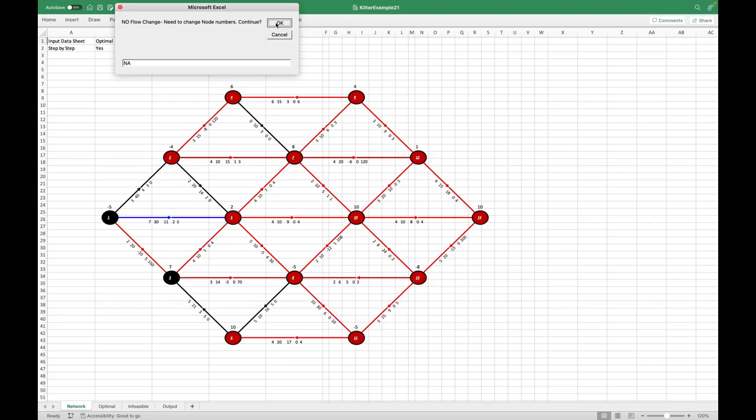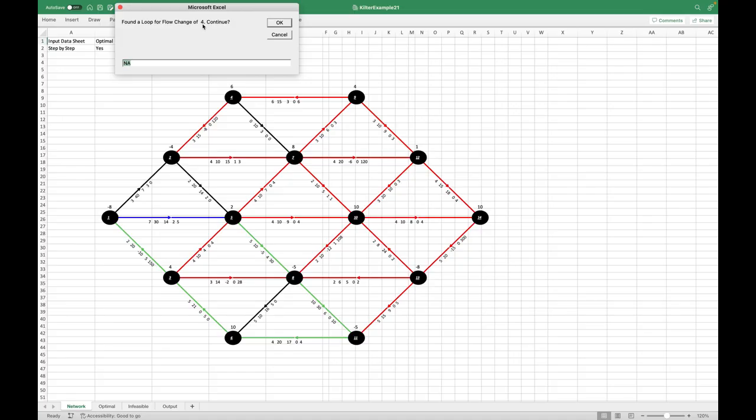So here I do OK. And look here, the adjusted unit cost is 0. That means now I could add flow on this arc up to 21, from 5 to 21 if I want to.